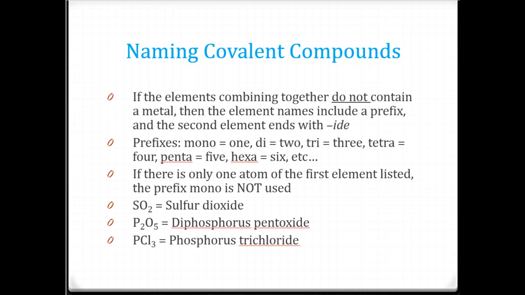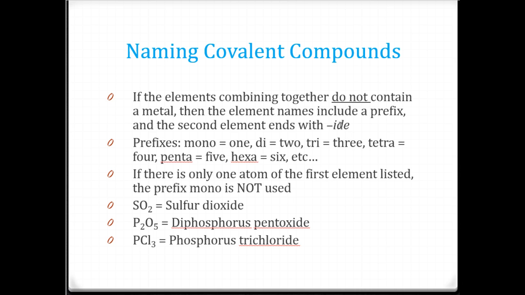How do we name these molecules? So we've got kind of the basics. If we're combining elements that do not contain a metal, which is going to be most covalent bonds, for example oxygen with nitrogen, we have nitrogen oxide, so we change the ending of the second element to IDE.